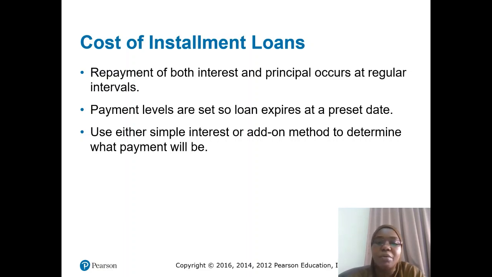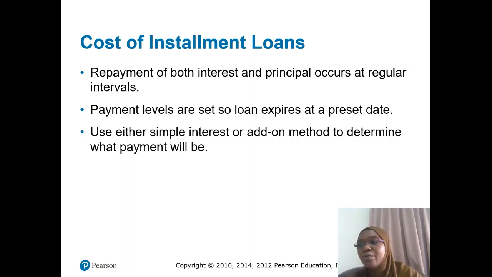The payment levels are set so the loan expires at a preset date. You already know when you start making the payment for the loan, and you know when it is going to end. It is spread over time, unlike the one-off kind of payment where you pay everything at once.